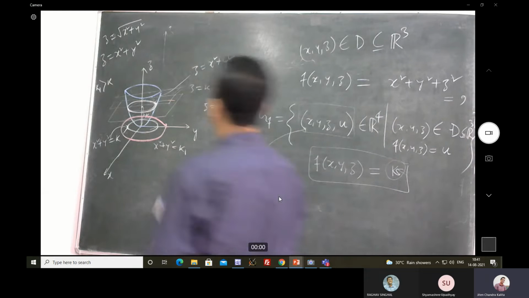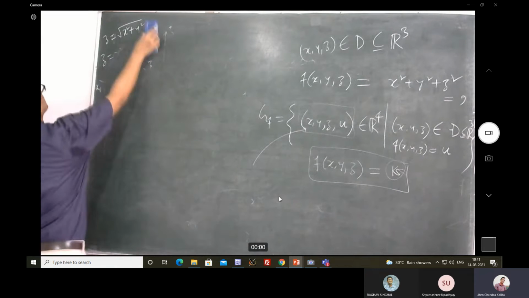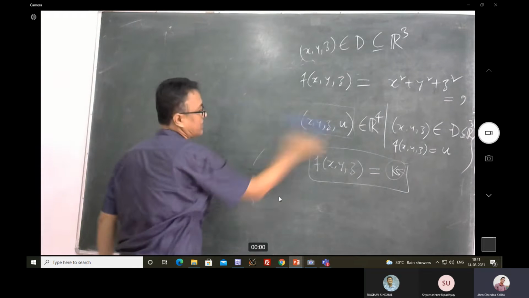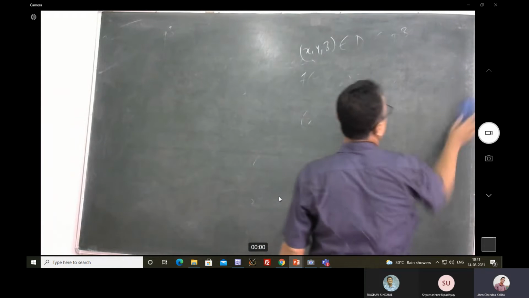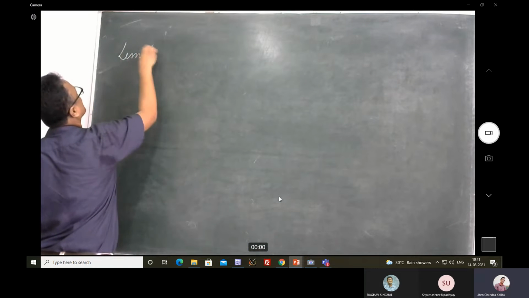So now let us come to the very important concept of limit and continuity, and I'm going to start with a function of 2 variables. So, firstly, let us come to limit.